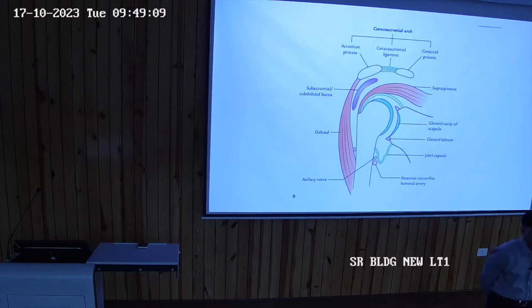Now see the applied anatomy, I told you previously. First is the dislocation of the shoulder joint. The dislocation of the shoulder joint is very common, and most commonly the dislocation occurs at the inferior part, or inferior dislocation of the shoulder joint.